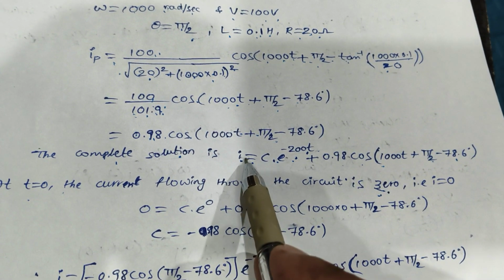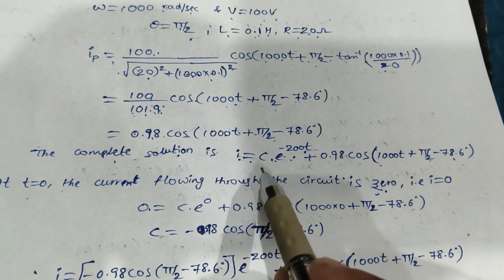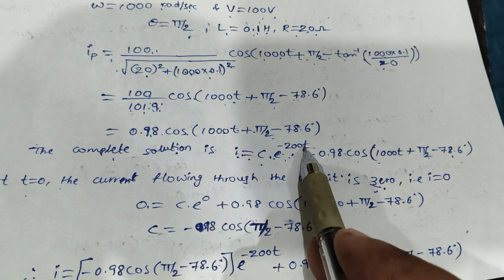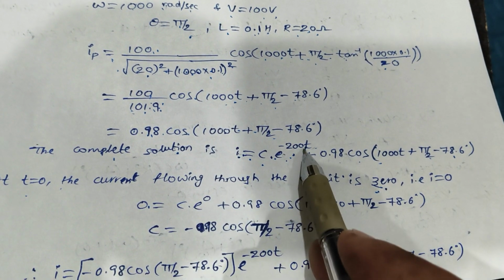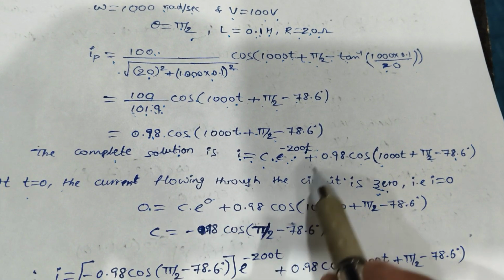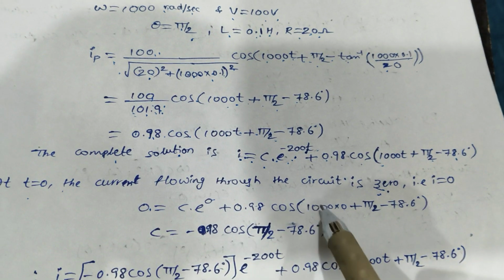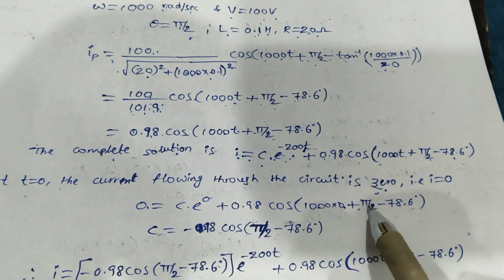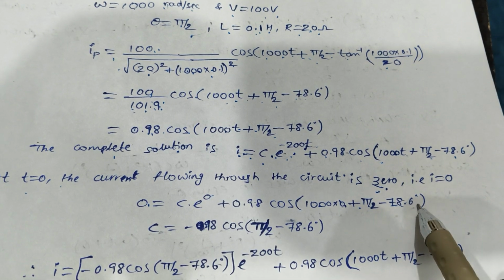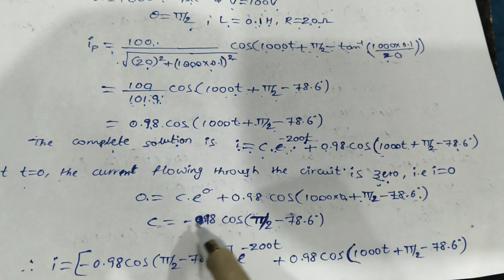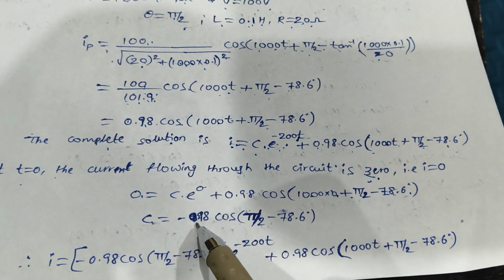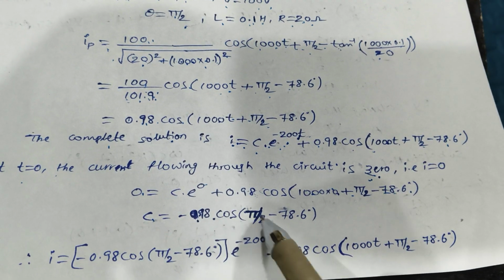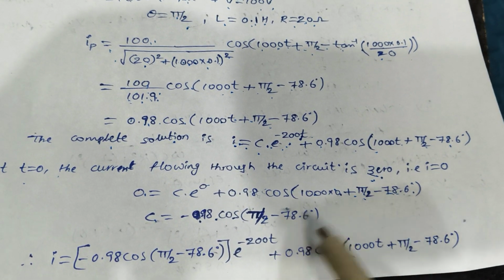Substituting, i(0) is equal to 0, equal to C e^(-200 times 0) plus 0.98 cos(1000 times 0 + π/2 minus 78.6). Simplifying this, you get C equal to minus 0.98 cos(π/2 minus 78.6).